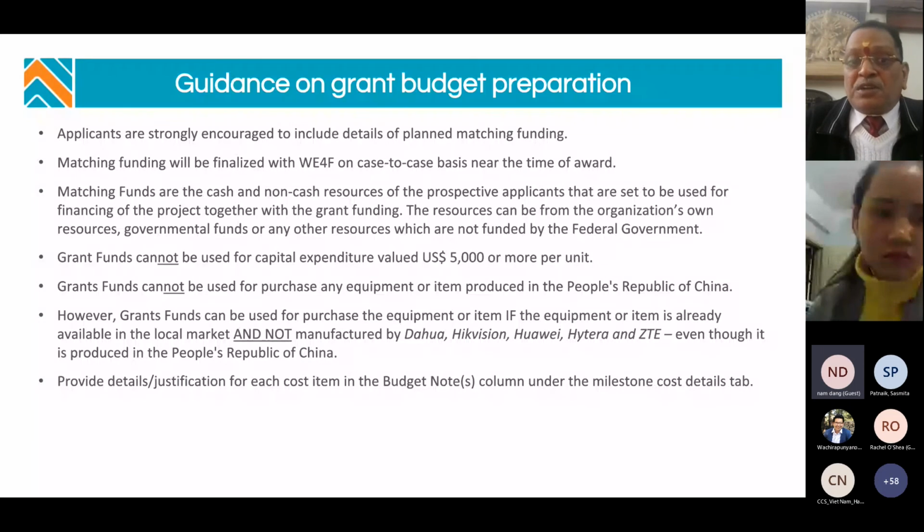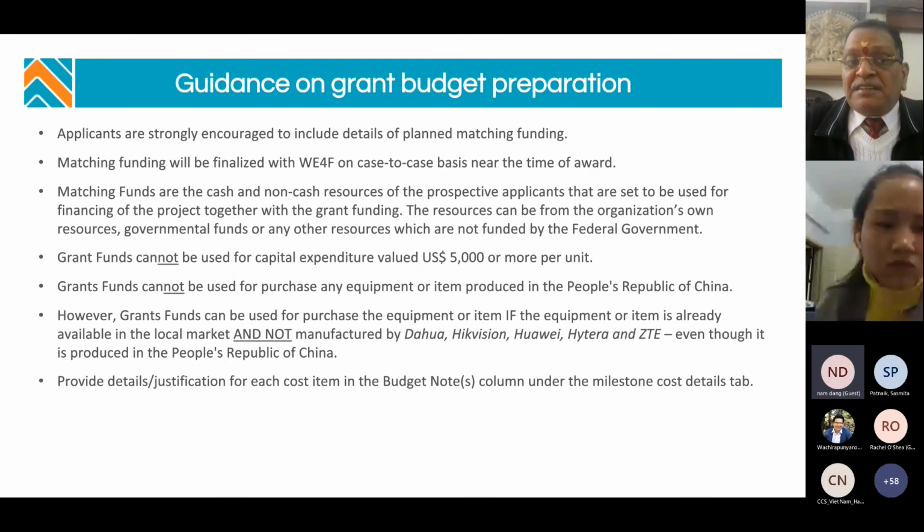However, because now we are getting so many even small components which are Chinese and which are readily available in the market, grant funds can be used for purchase of equipment if the equipment is already available in the local market and not manufactured by the specific 5 organizations: Dahua, Hikvision, Huawei, Hytera, and ZTE, even though it is produced in the People's Republic of China.